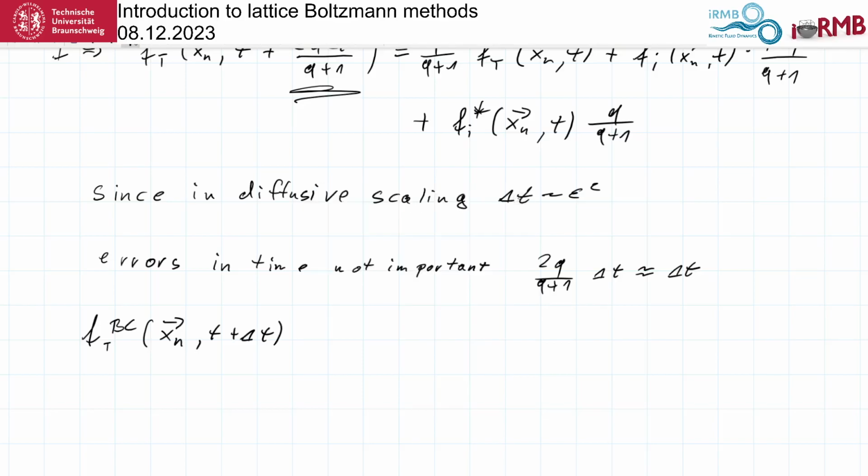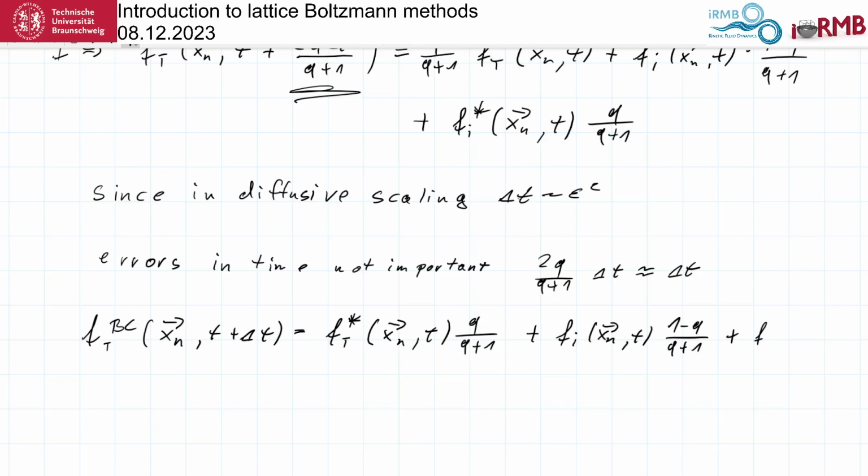fi minus at xn, t plus delta t, is equal to fi at xn, t times q divided by q plus 1, plus fi at xn, t times 1 minus q divided by q plus 1, plus fi after collision at xn.